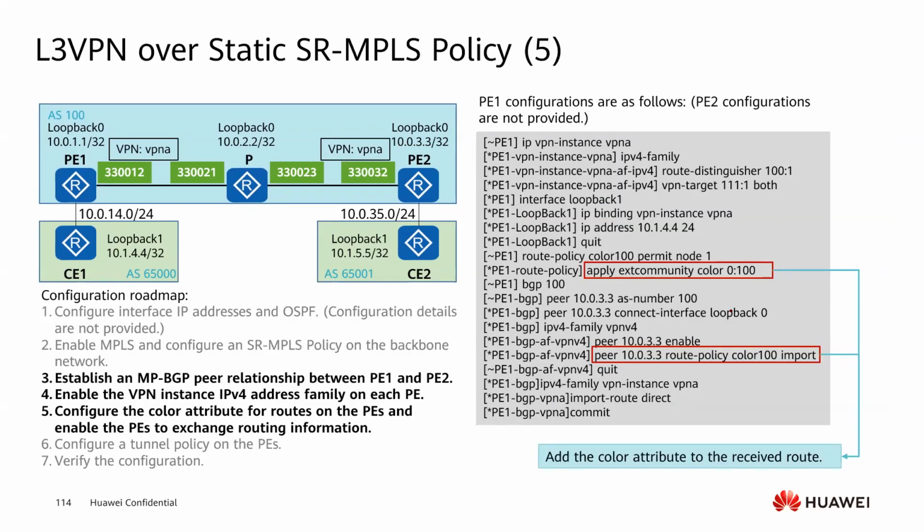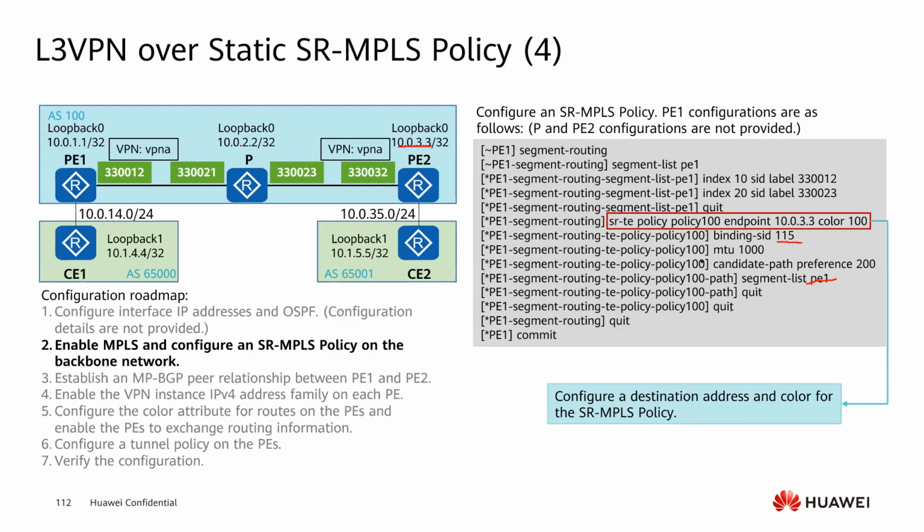Then you can configure some route policy, and for some route, for example, for this route entry, you can apply color 100. It means if I want to go to this IP segment, I will go through this path. So you can say we have a color here. This is a segment list, the path is here. This is the path.